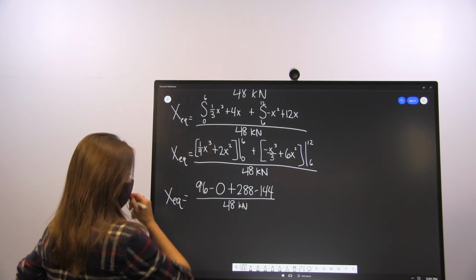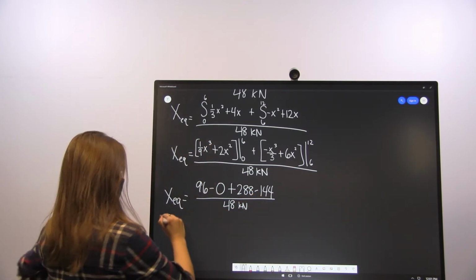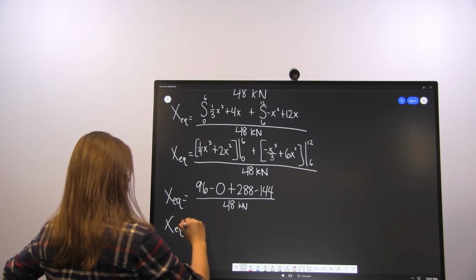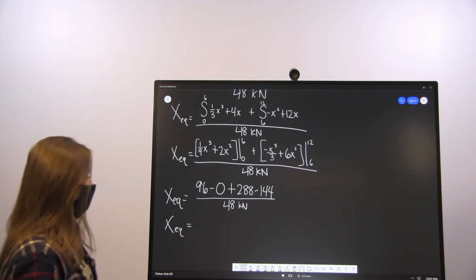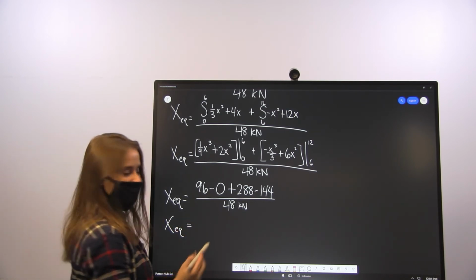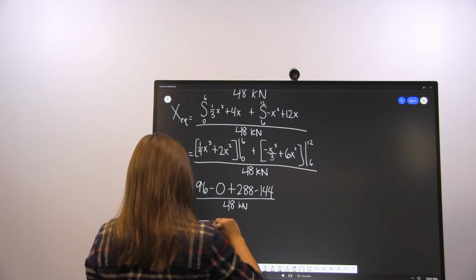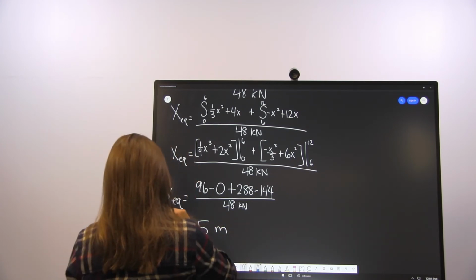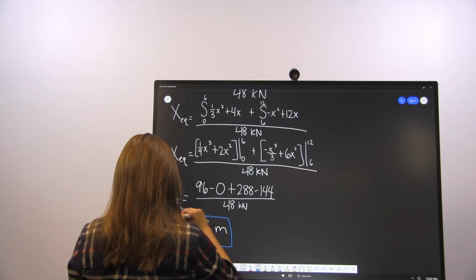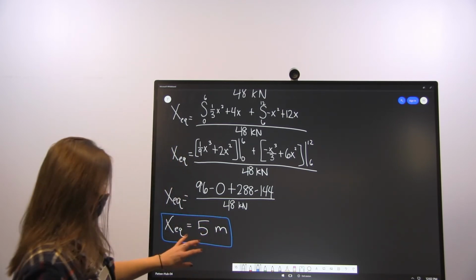And then we end up getting our x equivalent is going to be 5 meters. So that's going to be 5 meters in on our beam.